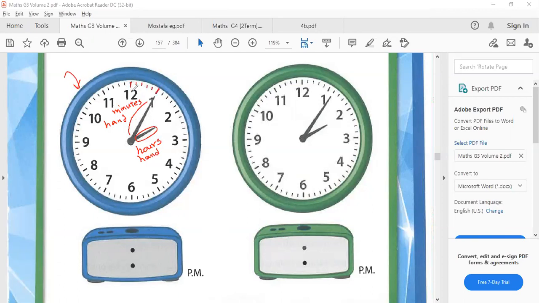In front of each bold mark, we find a number, and the numbers are increasing as we move clockwise. We have 1, 2, 3, 4, going clockwise until we reach 12, then we start from 1 again.